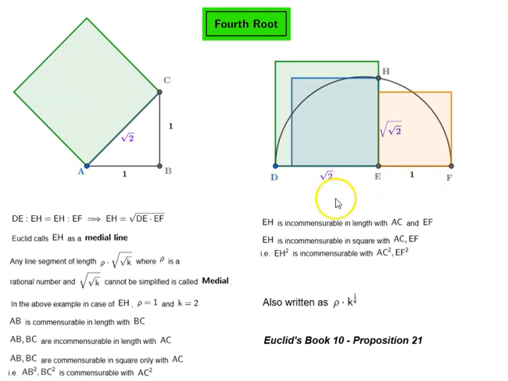If we want to arrive at the fourth root of 3, what do we do? Again, previously we have seen how to arrive at a line segment whose length is root 3. So we copy it here, we add 1 to it. So again, when we take the mean proportional, we will end up with the fourth root of 3. Interesting, right? That's it for now.